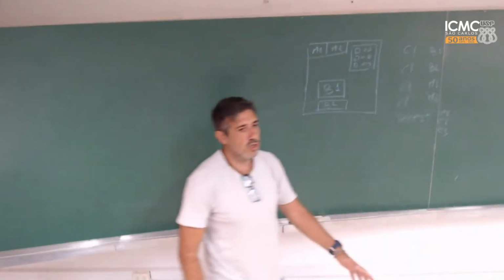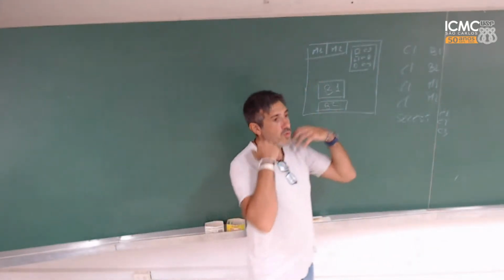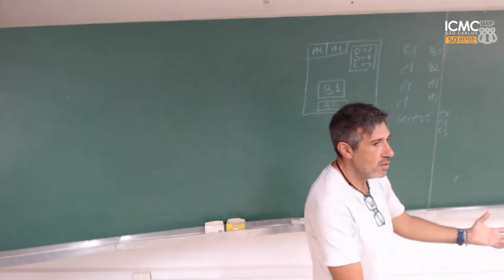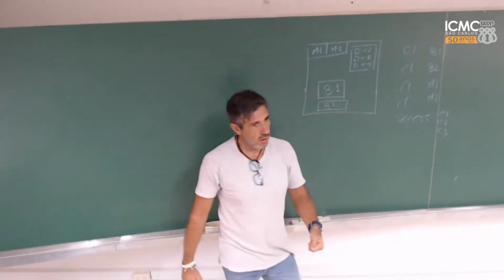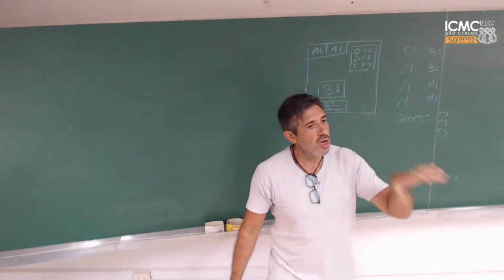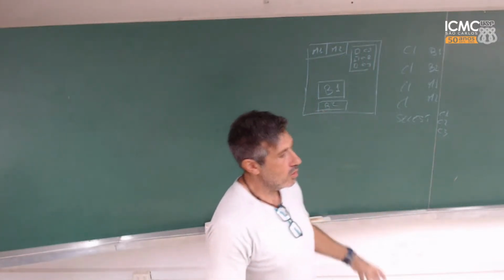This is the extraction criteria. You have to have a strategy that for each GUI tells you which are the events that you want to fire on that GUI.